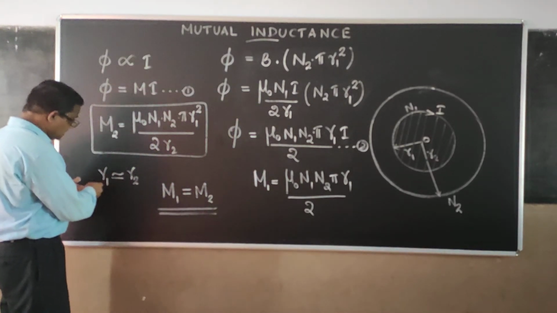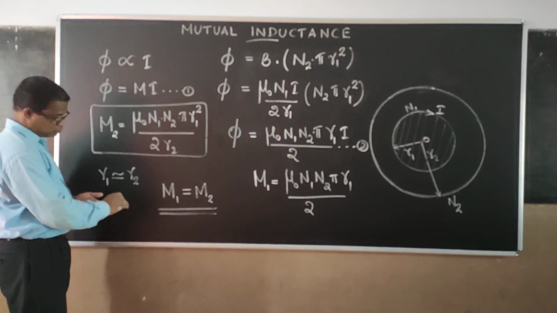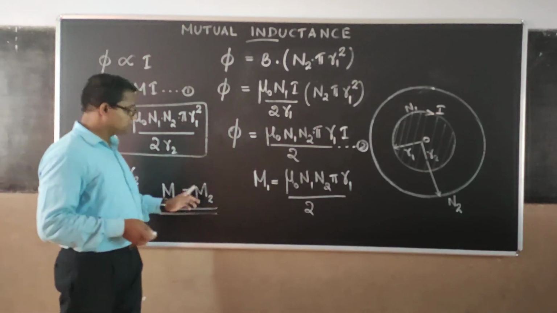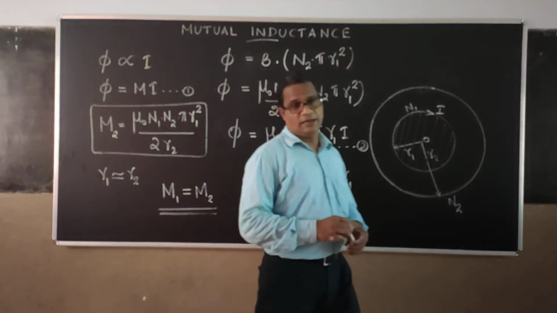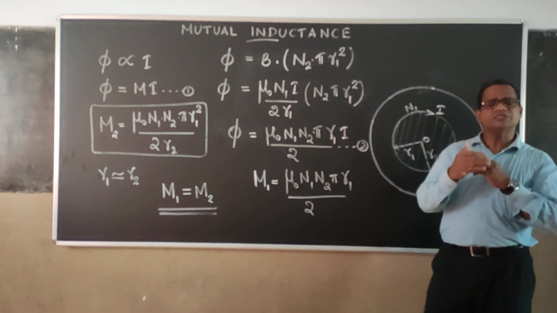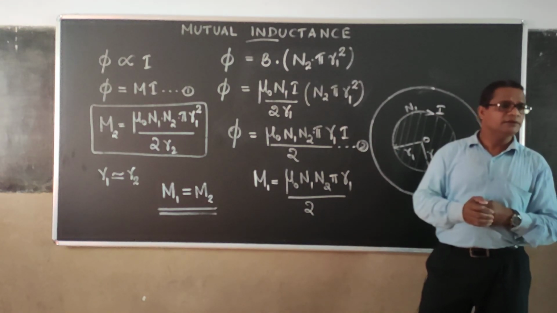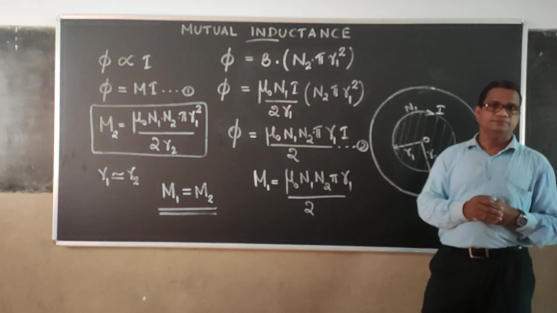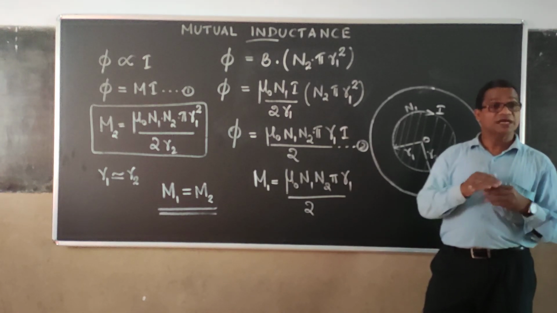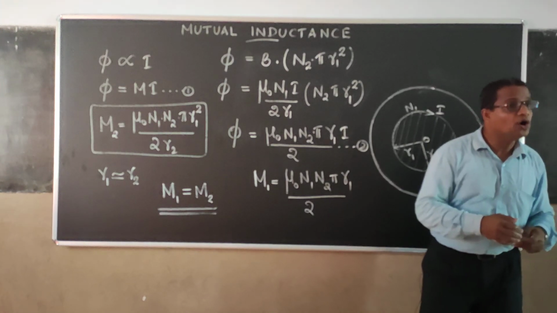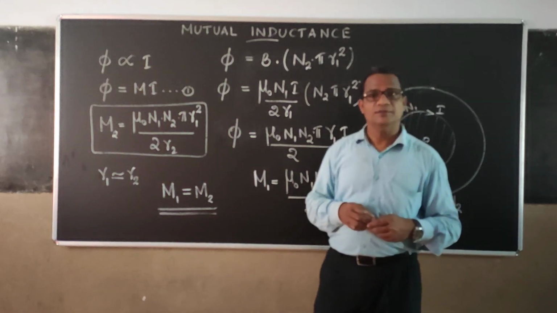But only when R1 is equal to R2, closely wound, then you will get the equation M1 is equal to M2. That means for a given pair of coils, if it is closely wound, then the mutual inductance is found to be the same irrespective of the current, whether it is flowing through the inner coil or through the outer coil.